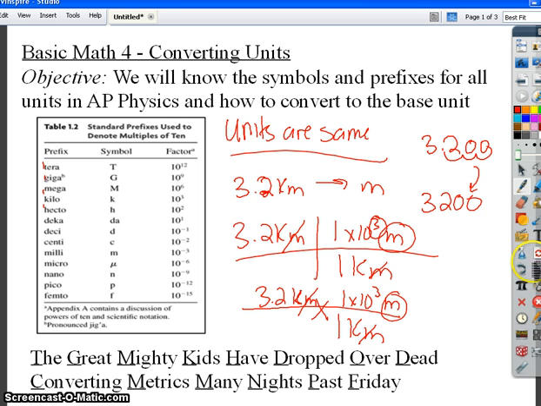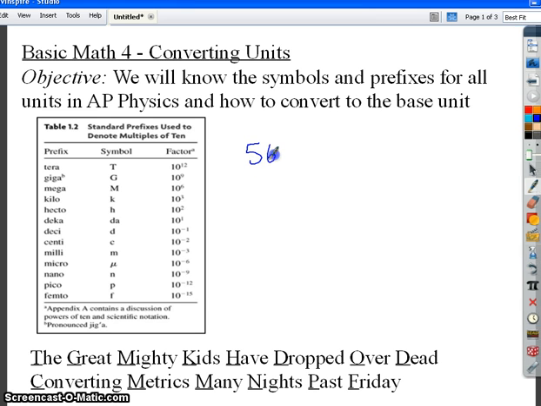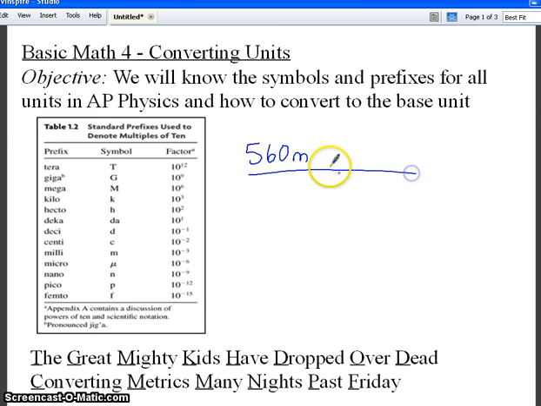So let's go backwards now. I have 560 meters. How many kilometers? Well, 1 times 10 to the third meters is 1 kilometer. So therefore I'm canceling out meters. Because I'm dividing, it's opposite.